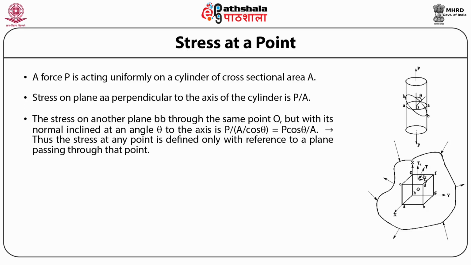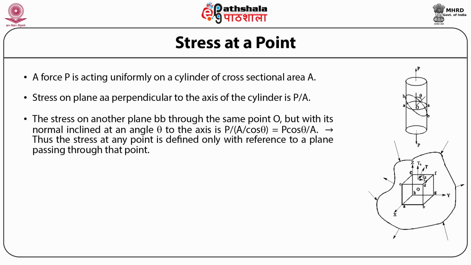So this figure shows a simple case in which a uniform force acts along the axis of the cylinder. In a general case, the body can be of an arbitrary shape, so the forces acting on it can act in different directions.